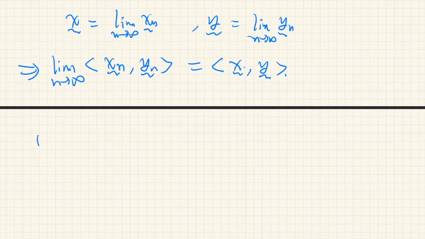Okay, so first, 0 is less than or equal to the absolute value of the difference between the inner product of xn and yn, minus the inner product of x and y.